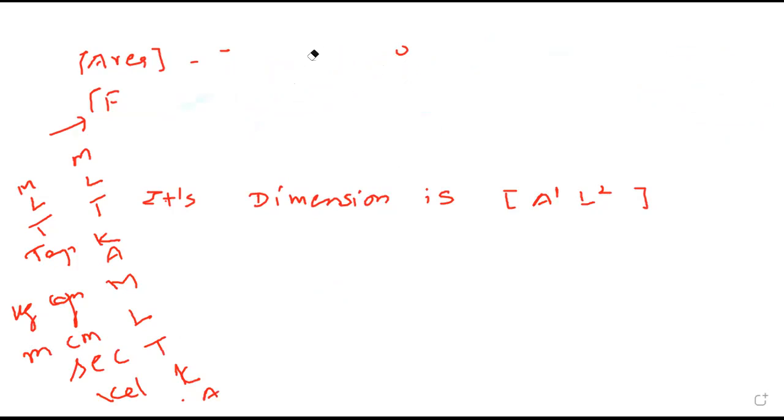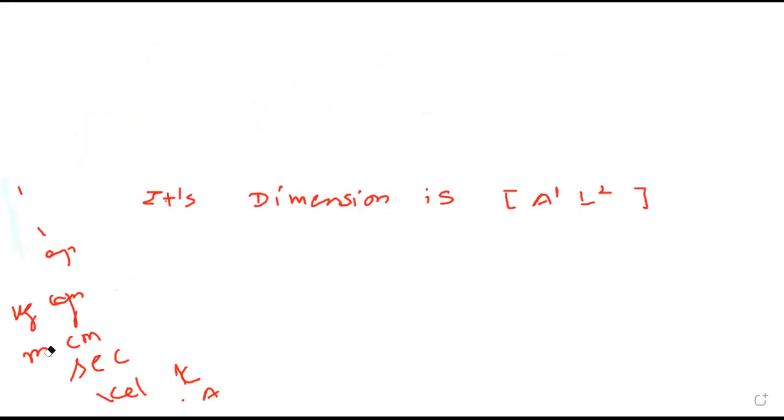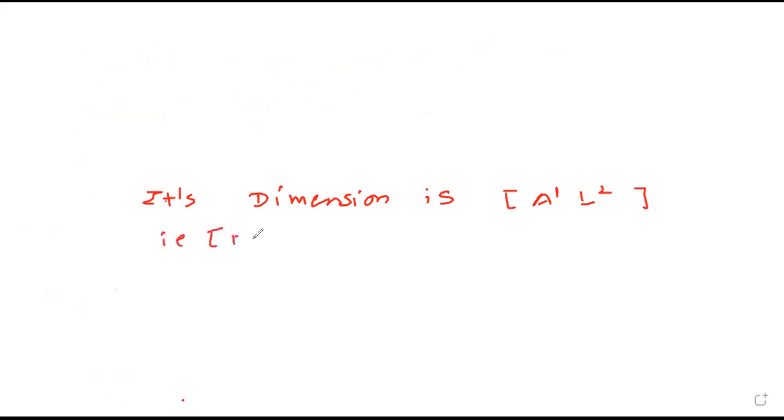Sometimes they will give only A1 L2, sometimes they will give M0 L2 T0 A1. So its dimension is this. That is same as M0 L2 T0 A1. Right. This was asked once in the exam.